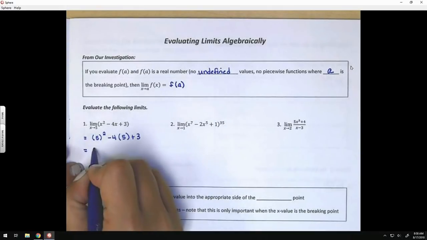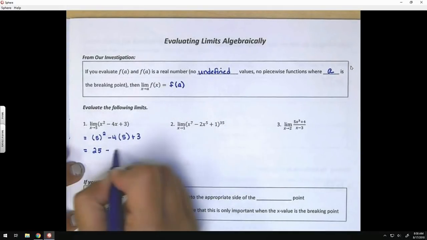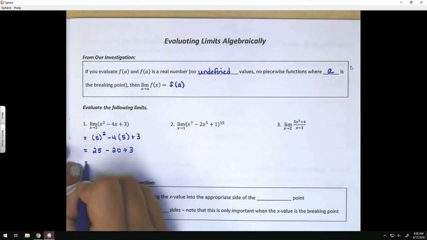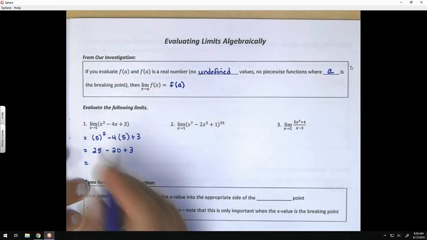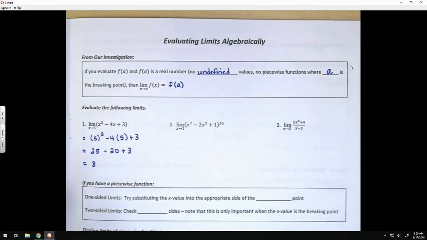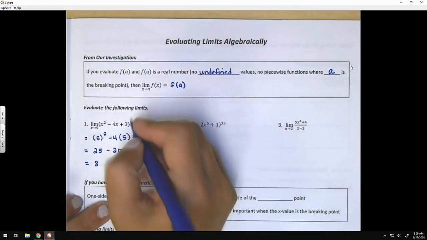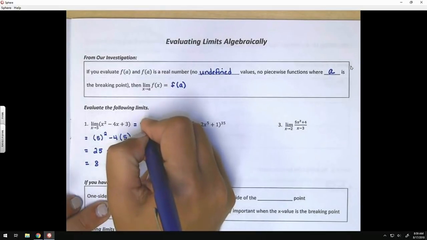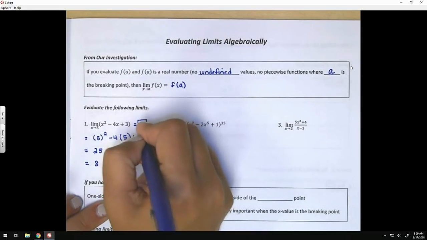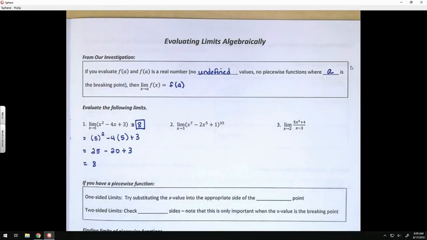Now 5 squared is 25, 4 times 5 is 20, plus 3. So 25 minus 20 is 5, plus 3 would give me 8. Since 8 is a defined value, there's no undefined numbers, it's not a piecewise function, it means that the answer to the limit of this function would just be 8.